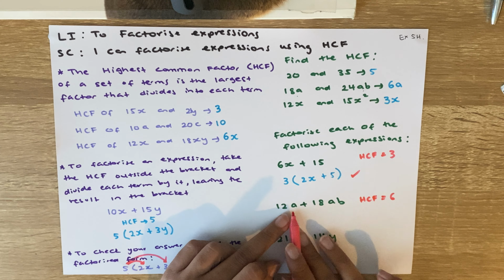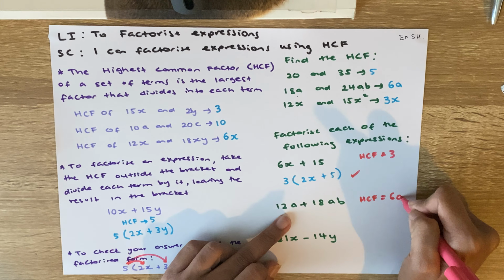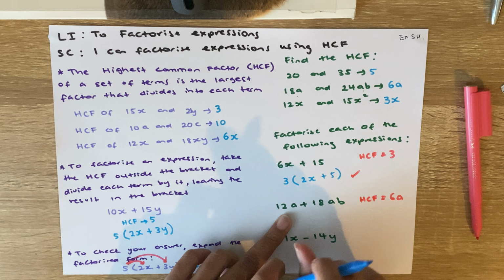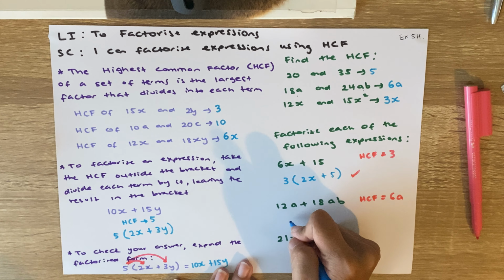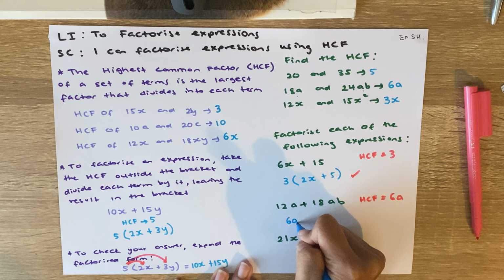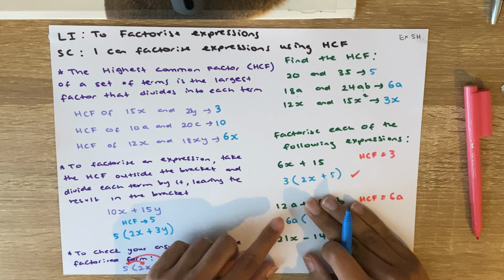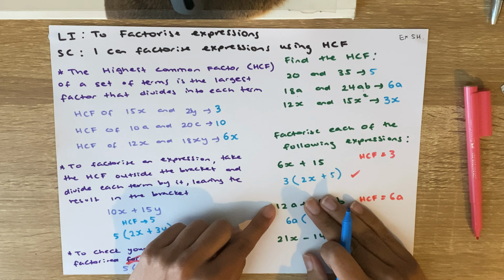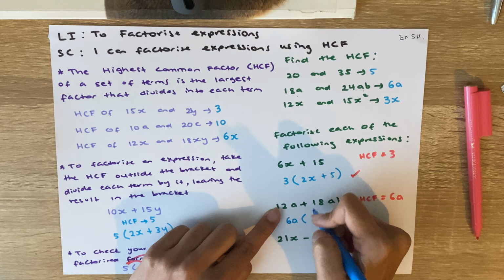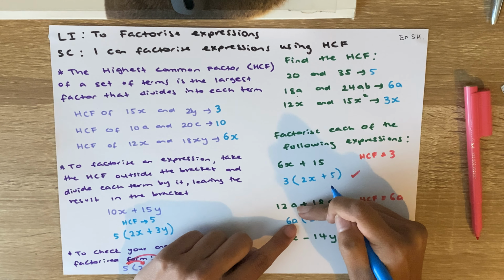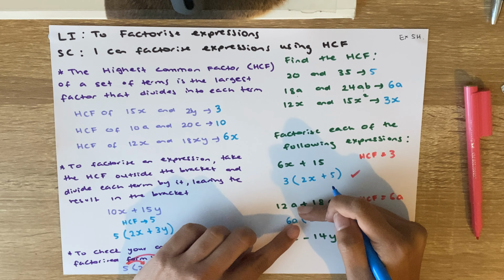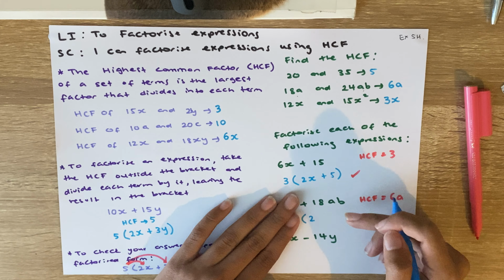I see that there's an a that's common between both of them, so I'm going to write that down as well. So my highest common factor, I'm going to take outside of my bracket: 6a, bracket. Looking at the first part, how many times does 6 go into 12? 6 goes into 12 twice. And our a's have already been accounted for, so I'm going to leave it.